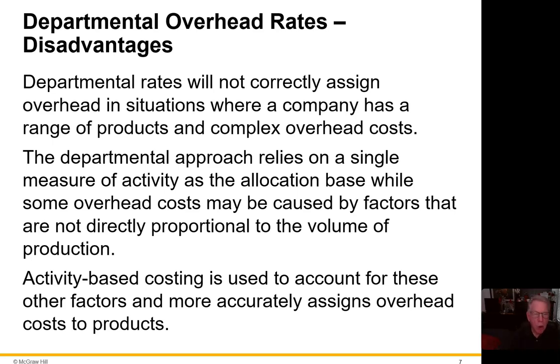Notice that terminology, volume of production. Labor hours, machine hours, or volume of production. Activity-based costing is used to account for these other factors and more accurately assigns overhead costs to products.